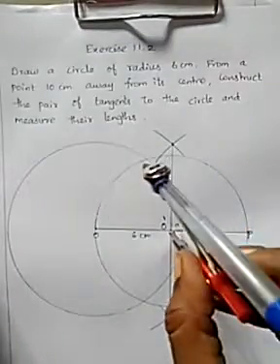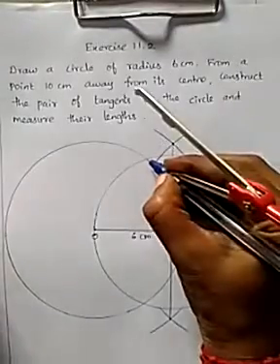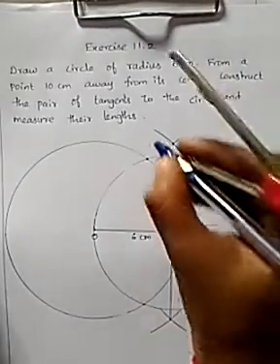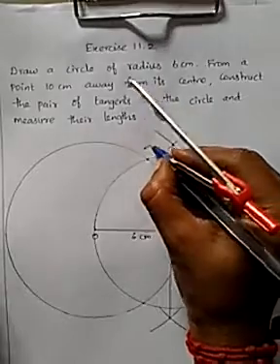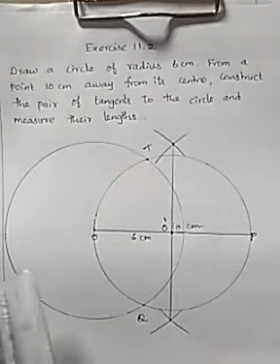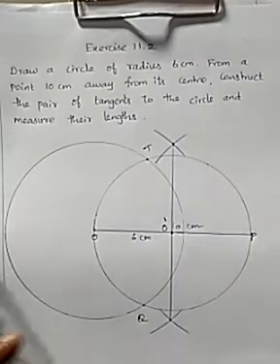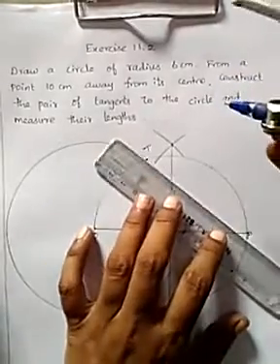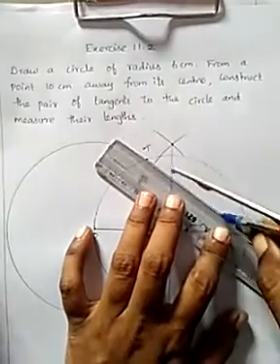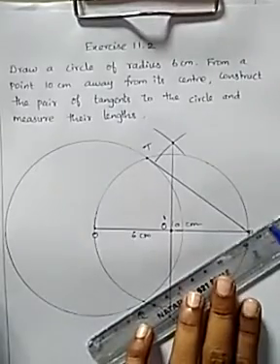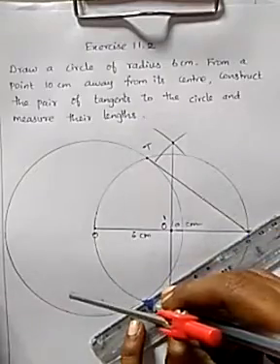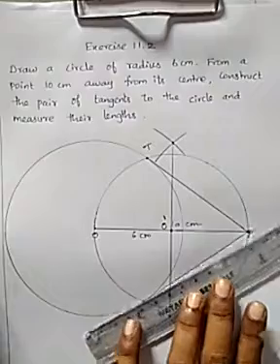Now the new circle intersects the previous circle at 2 points. You can give these 2 points the names T and Q. Now join PT and PQ by using the scale.